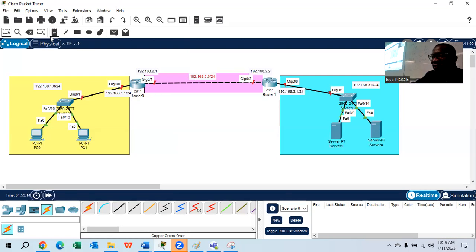And those two servers, one is a file server. This one can be like our web server.